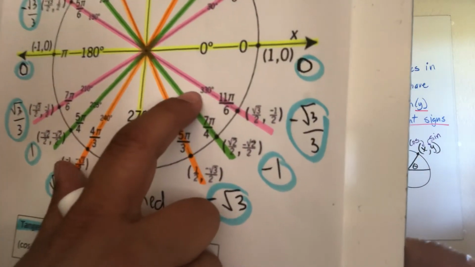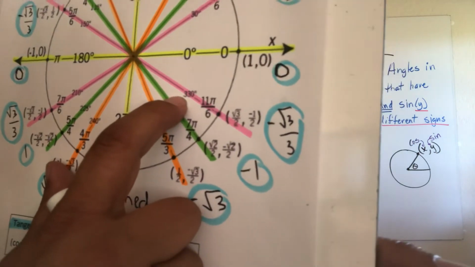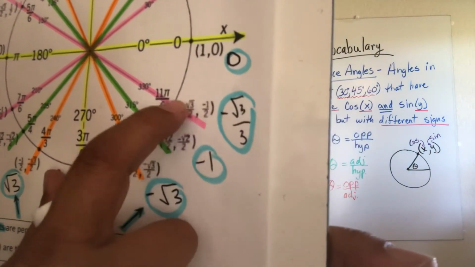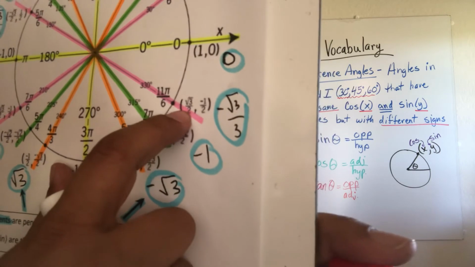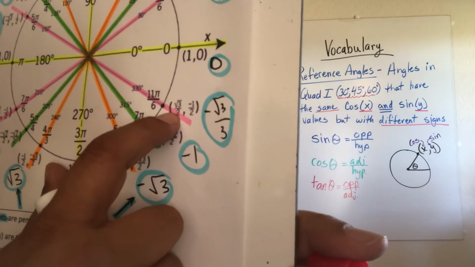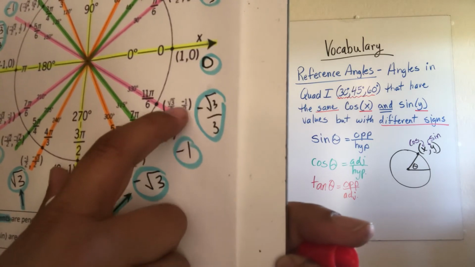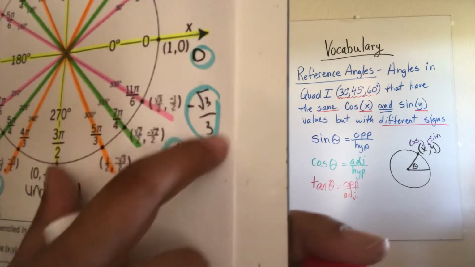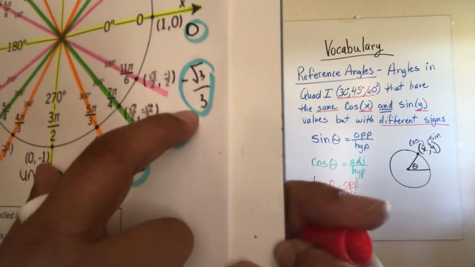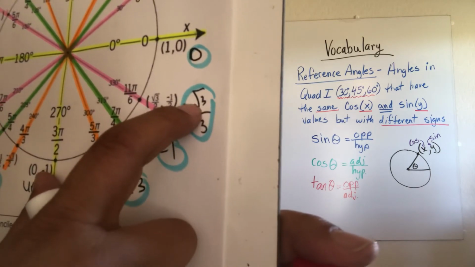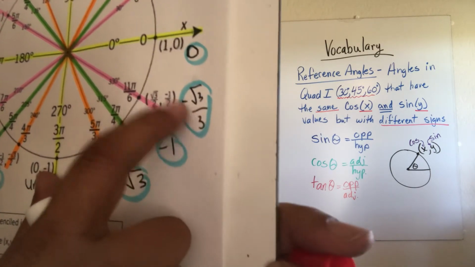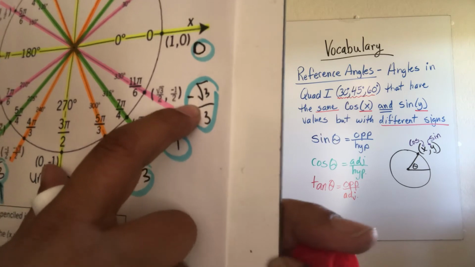You can see that it does say 330 degrees. Now here's the thing. Yes, these are our x and y coordinates, but tangent is actually y divided by x. And it gets a little messy, so I went ahead and worked them out for you. If you did y divided by x, you would end up with this fraction right here. Negative square root of 3 over 3. And so that right there, this blue value, is your tangent there.